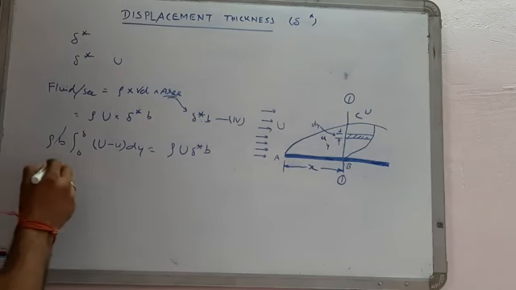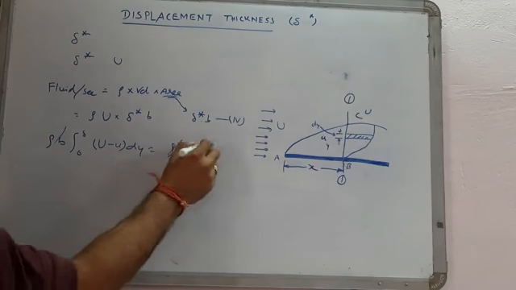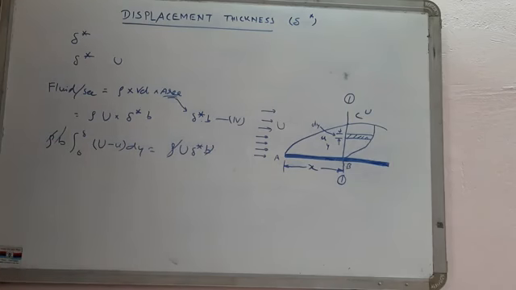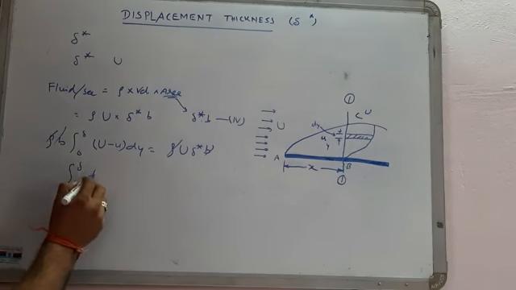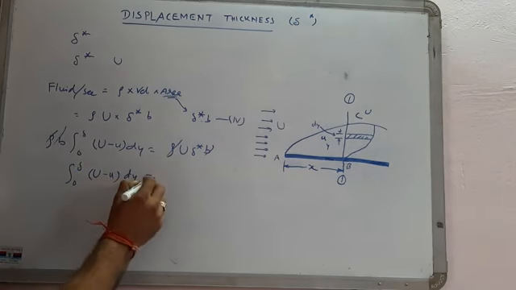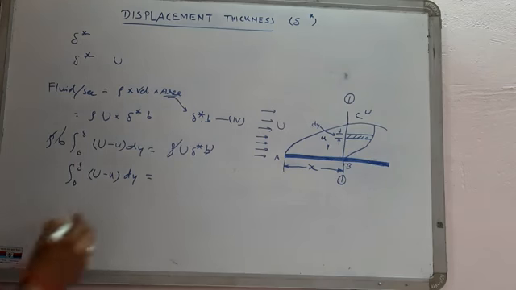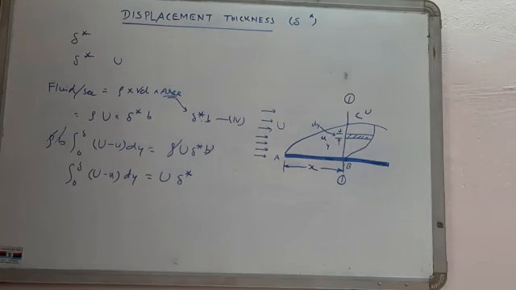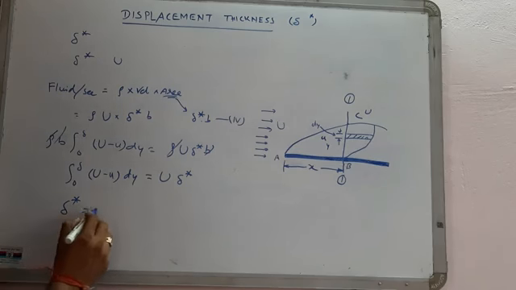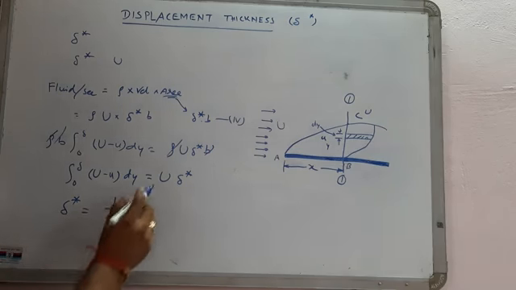Cancelling rho and b from both the equations, we have integration 0 to del (U minus u) dy equal to U del dash, or del dash equal to 1 by U.